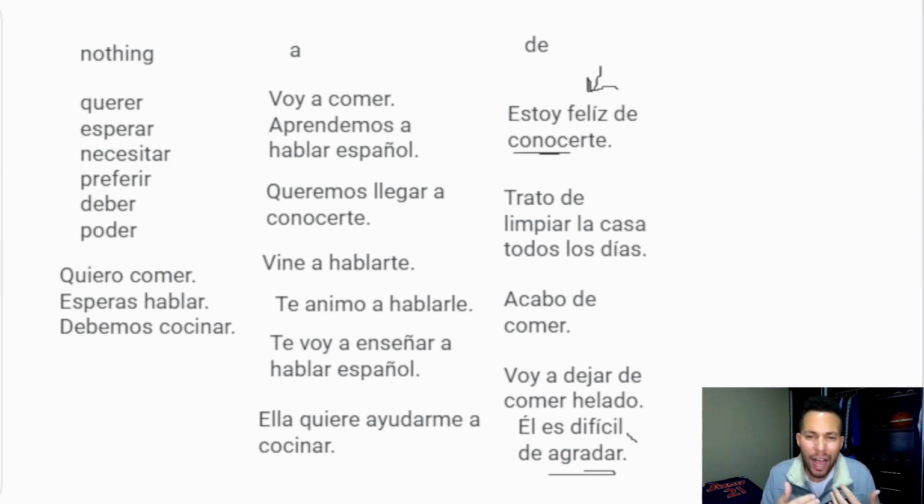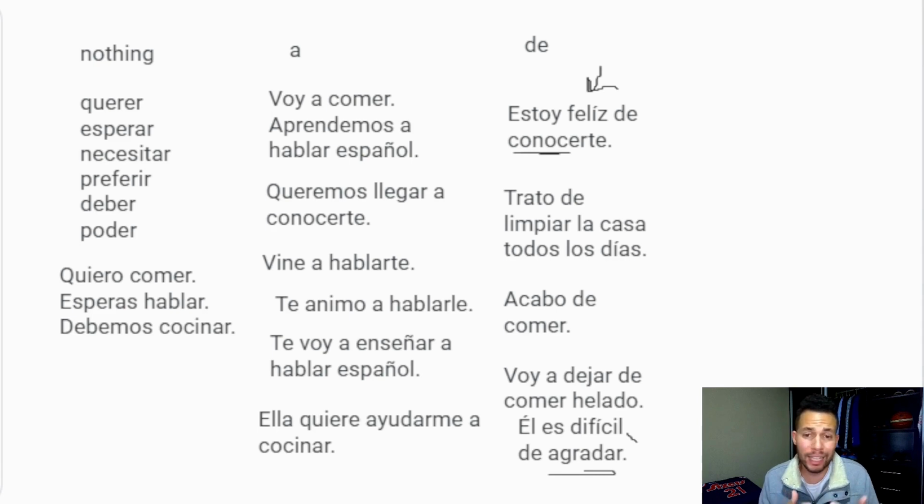Those words, try, finish, stop, to me, they're a little more actiony, a little more easily recognizable as verbs in comparison to want, hope, need, that first column. But once again, not really recommended to try to get some all guiding principle here.